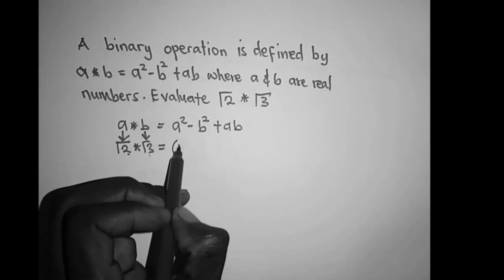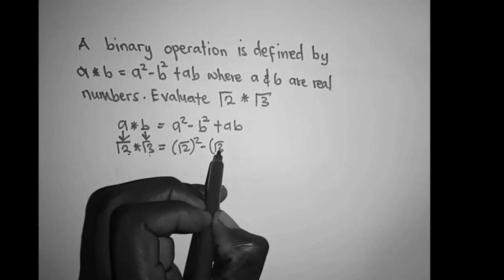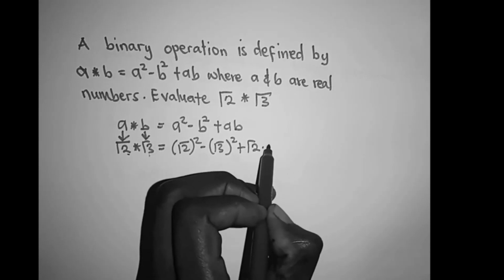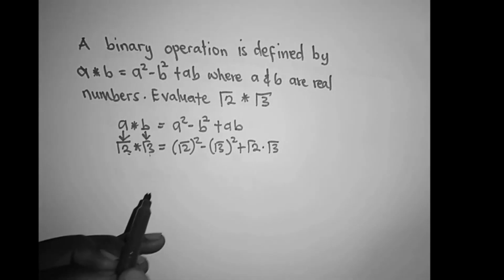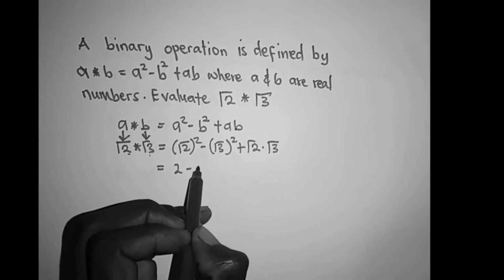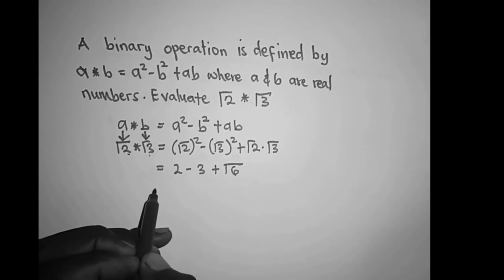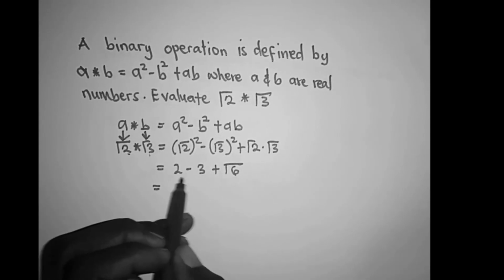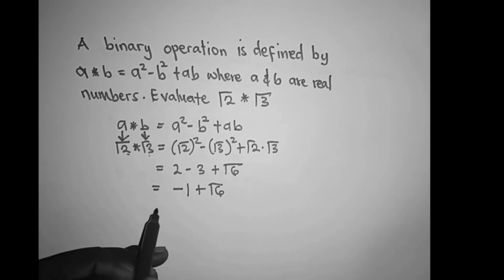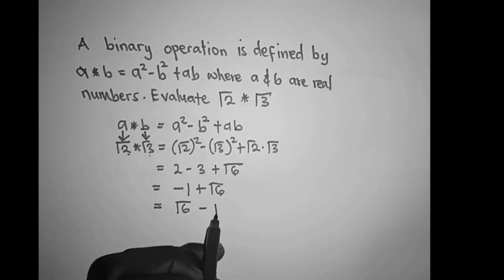So this becomes root 2 squared minus root 3 squared plus root 2 times root 3. Root 2 squared is 2, minus root 3 squared is 3, plus root 2 times root 3 is root 6. So this is equal to 2 minus 3, which is minus 1, plus root 6. And when we rearrange, we'll get root 6 minus 1.